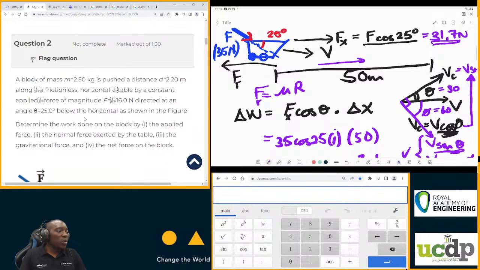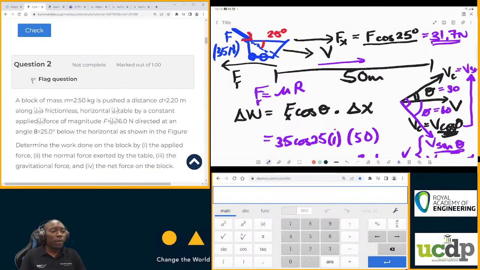Then question number 2. A block of mass 2.5 kg is pushed a distance d equals 2.2 meters along a frictionless horizontal table by a constant applied force of magnitude F equals 16.0 newtons.